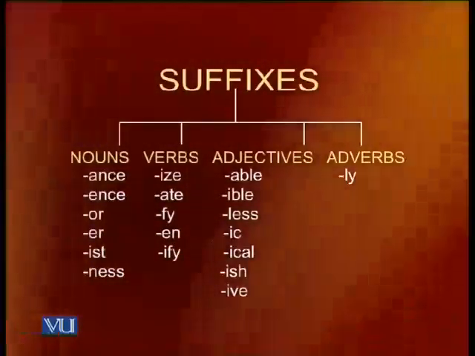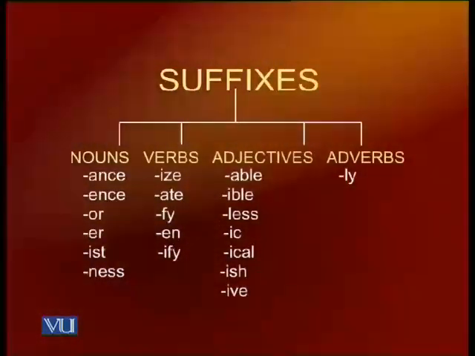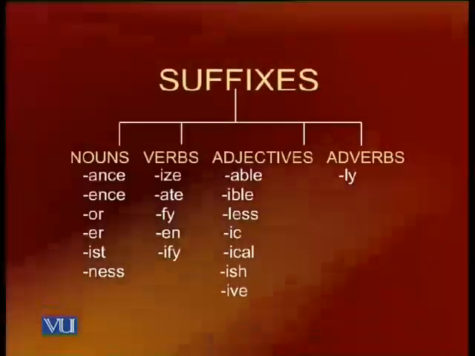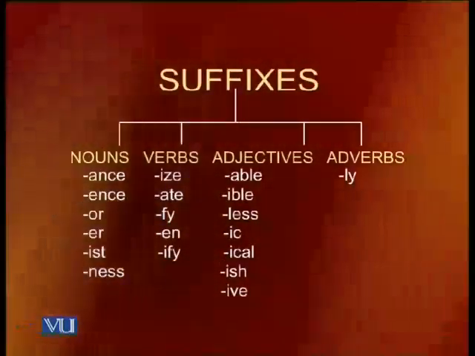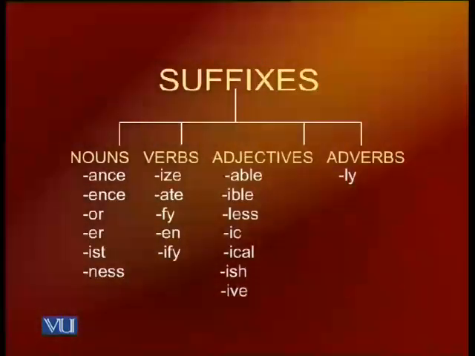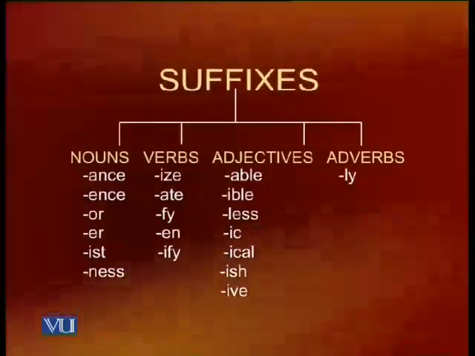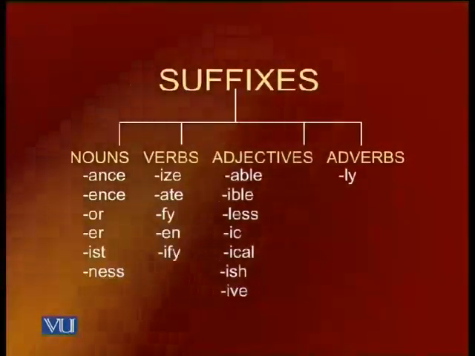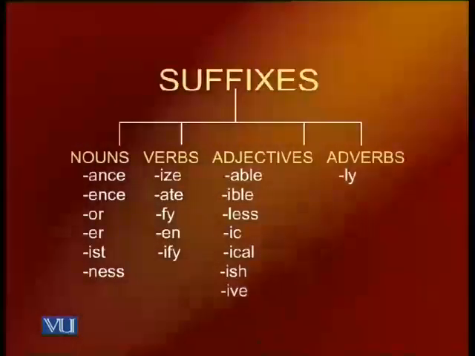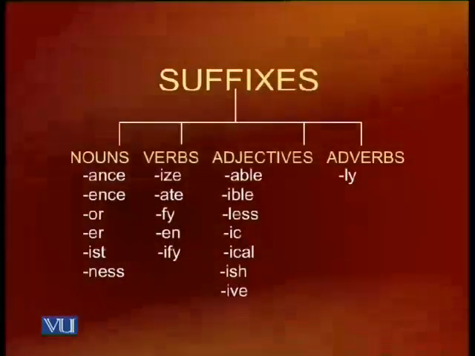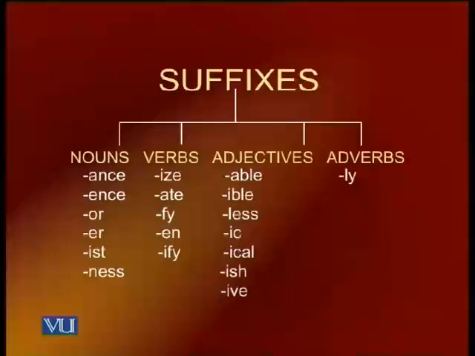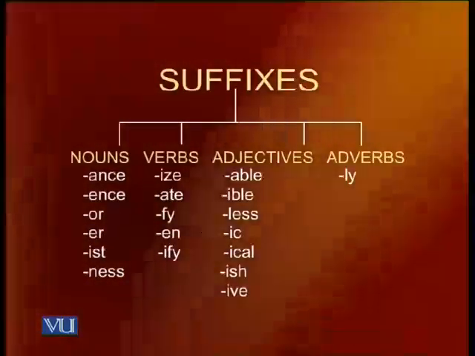Then you have adjectives, and these endings that you can see on your screen: able, ible, less, IC, ICAL, ISH, IVE. These are usually endings of adjectives. These are all clues for you.